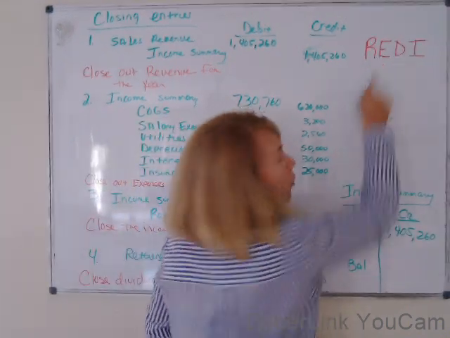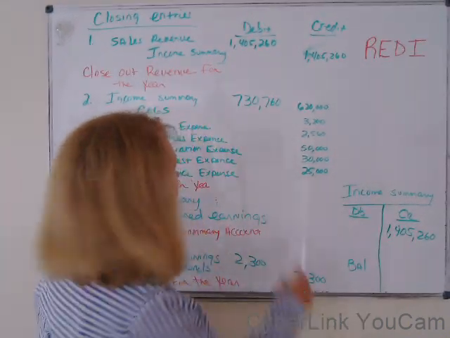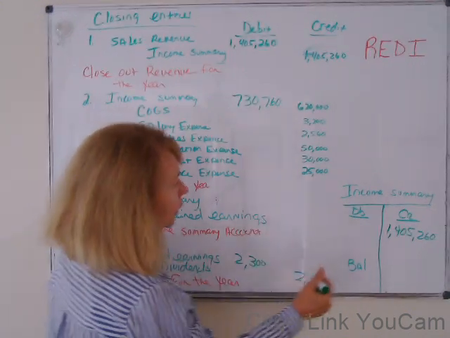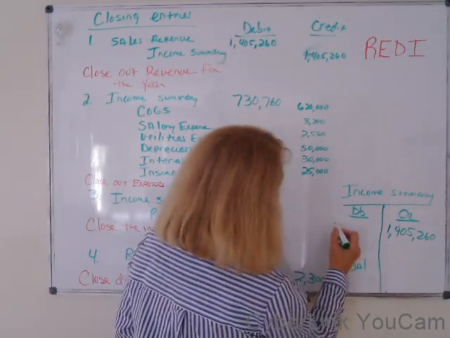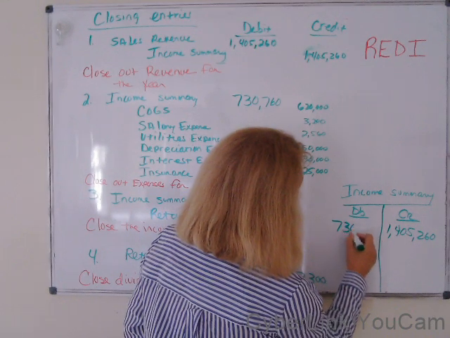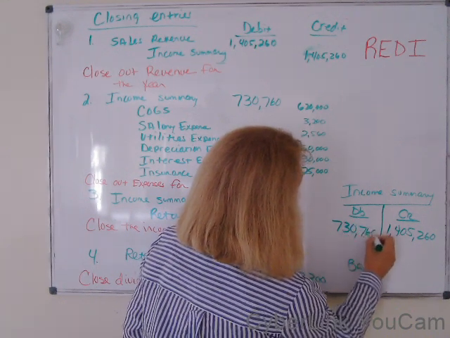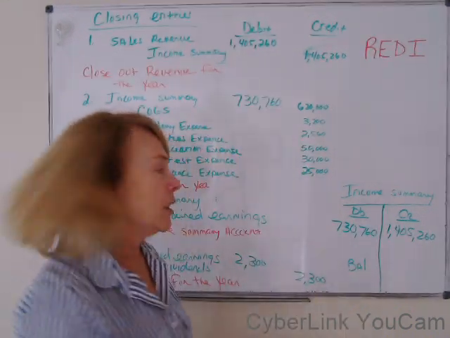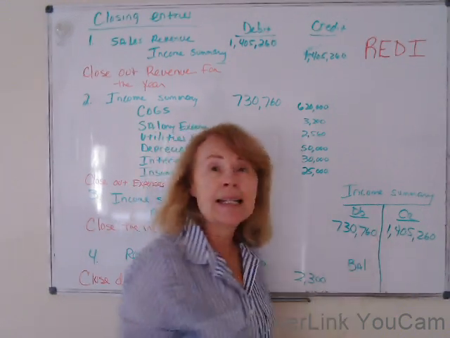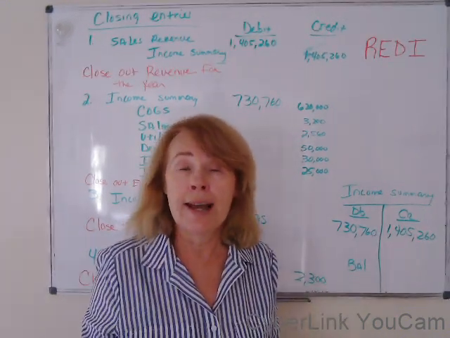You're now closing your expenses. You're going to go over here. You're going to work with your T. You're going to put a debit of $730,760. The difference between your revenue and expenses, you all know, is your net income.